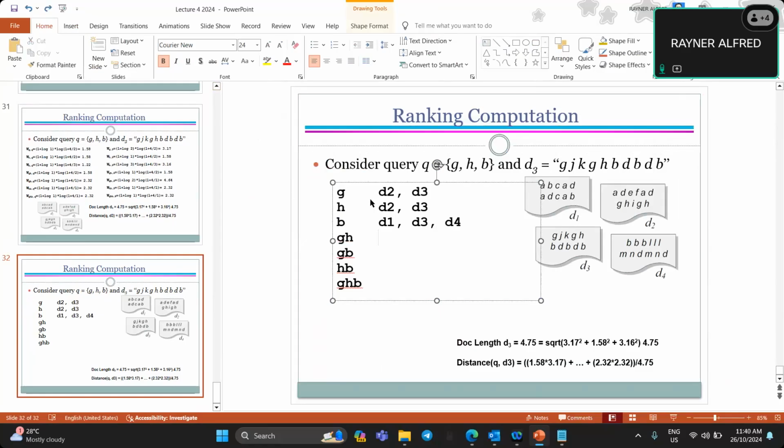GH. So document 2, document 3, right? GB, we have only in document 3.